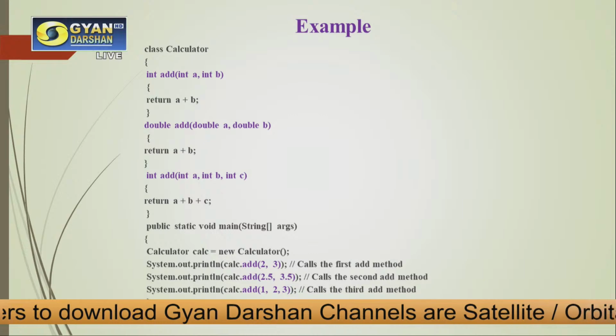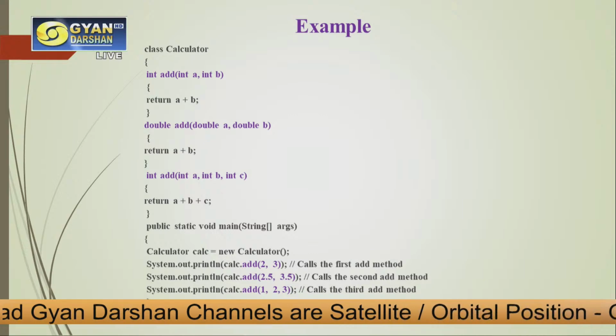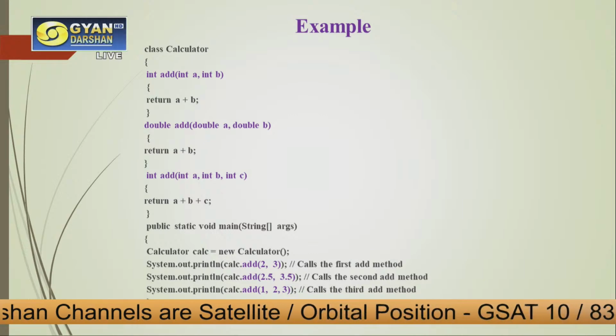So here we can say that the interface or the functionality or the service name is add, but the implementation of that service is done in three different ways based on the three different requirements or three different functionalities of that particular individual method.